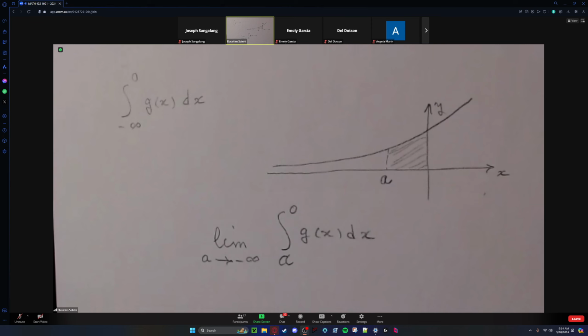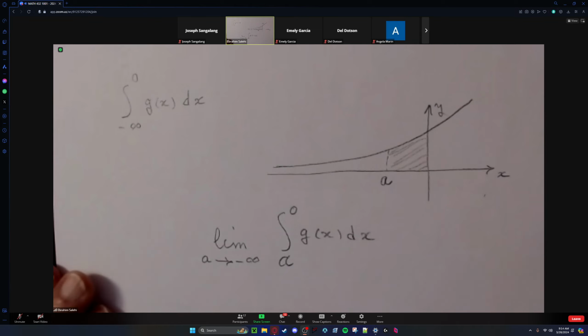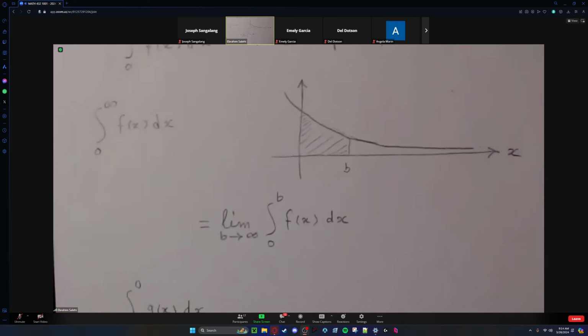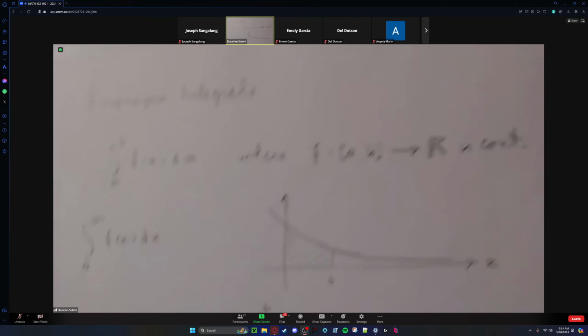So that is how we treat this type of improper integrals. Now, sometimes this function that we are working with is an even function. What do we mean by an even function? Okay, let me give you the definition of even function.